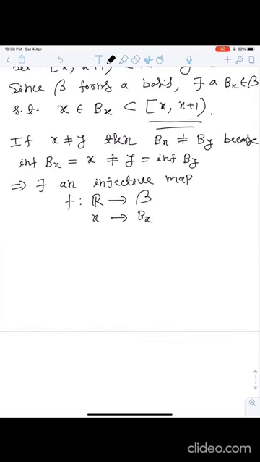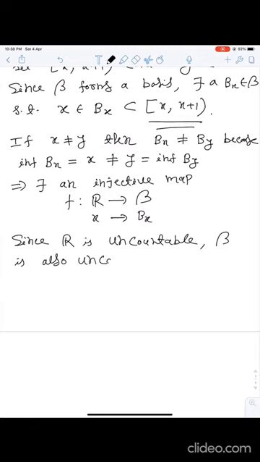Now since R is uncountable, beta is also uncountable. Therefore, RL is not second countable.